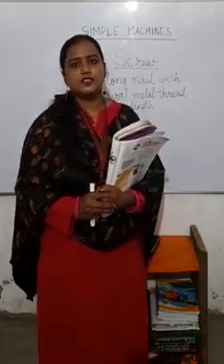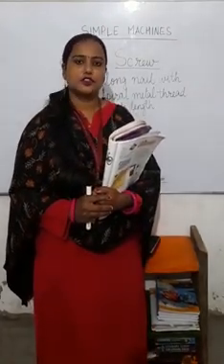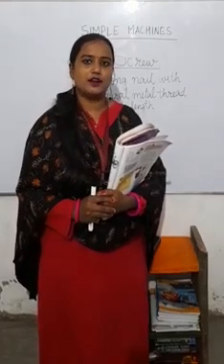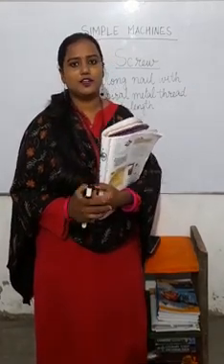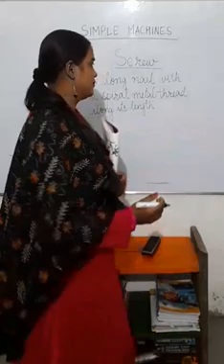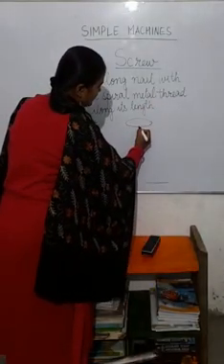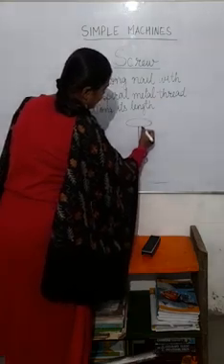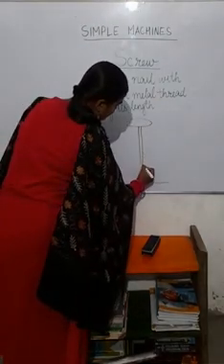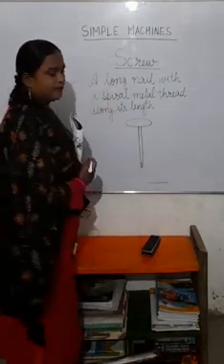Students, we will discuss the screw today. A screw is just like a nail. All of you have seen a nail. How does a nail look? A nail has a head and then it has a long rod.